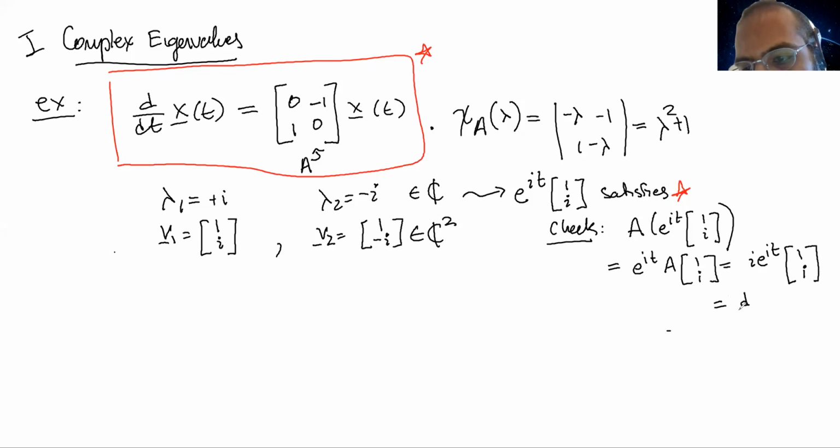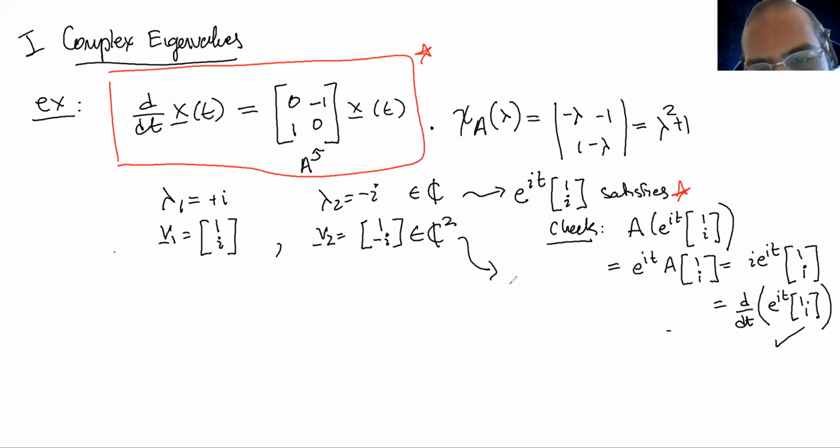And that's just d by dt of e to the it times (1, i). So that checks out. Even though these are complex, the same reasoning works, so you still get solutions to the ODE. Similarly, the conjugate, e to the minus it times (1, minus i), also solves the equation. So that's nice.